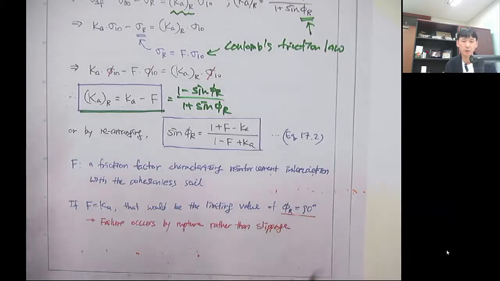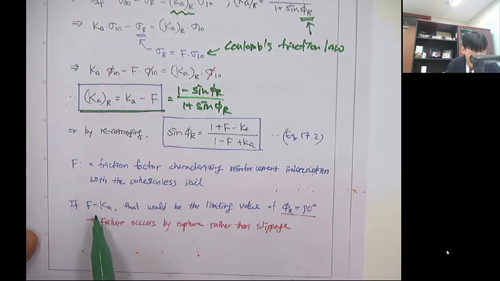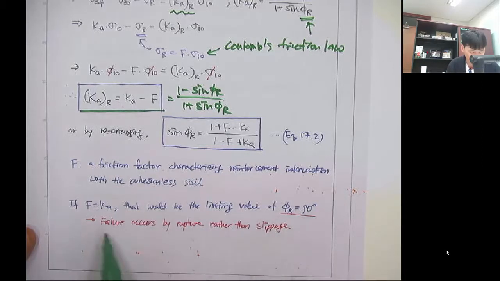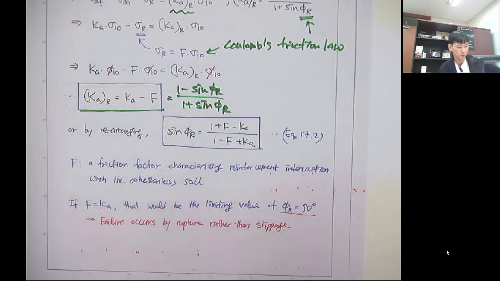So that's basically the friction angle between the reinforcement and the soil. If F is the same as Ka, that will be the limiting value of F, the case where phi r is 90 degrees, which is impossible. So the failure occurs by the rupture rather than the slippage in this case, because slippage is so strong.